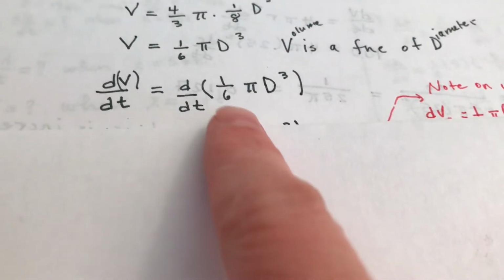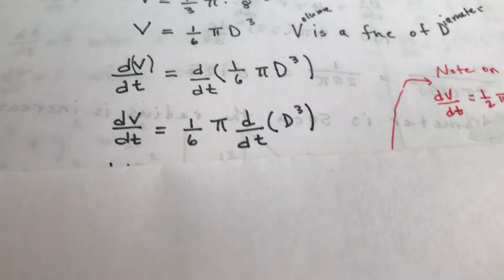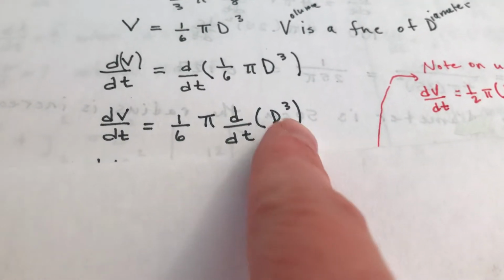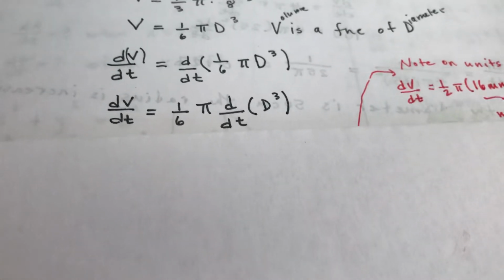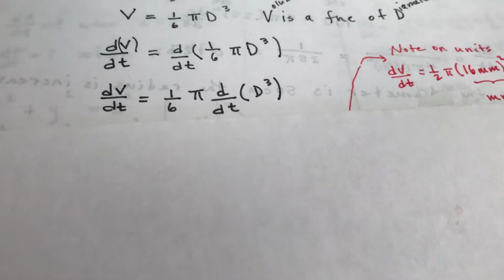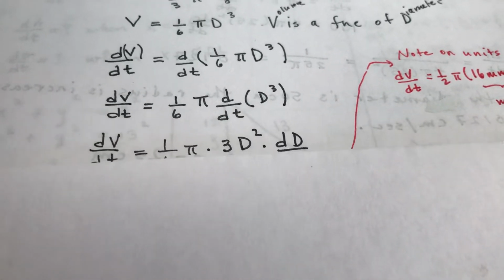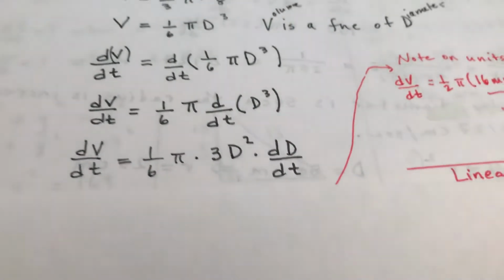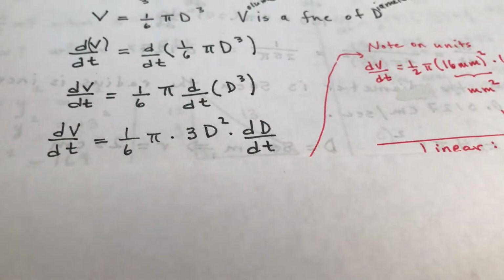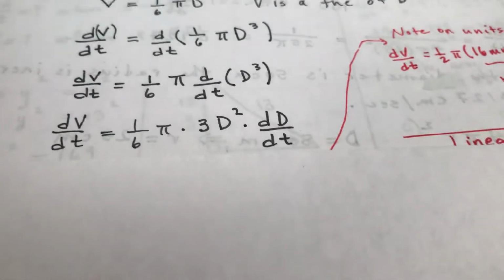Here I'm going to factor out the constant 1/6 pi, and then take the derivative of d cubed. What's the derivative of d cubed with respect to time? It's 3d squared, but then you have to do the chain rule, and you end up with that dD/dt. We did this when we did implicit differentiation: whenever we had a y, we always had to write dy/dt.